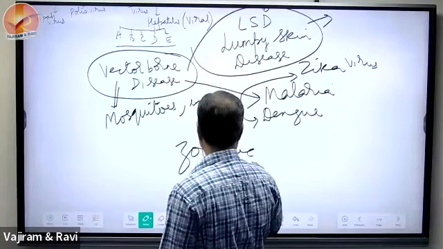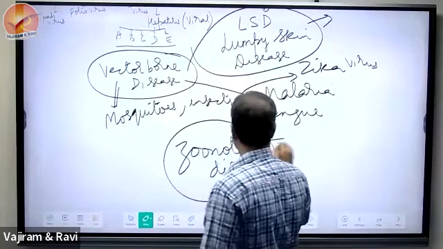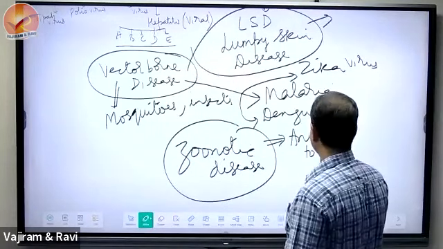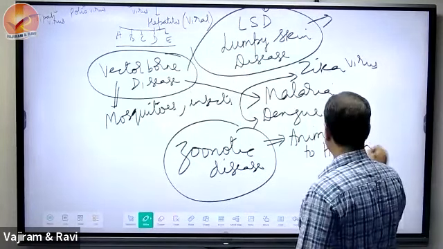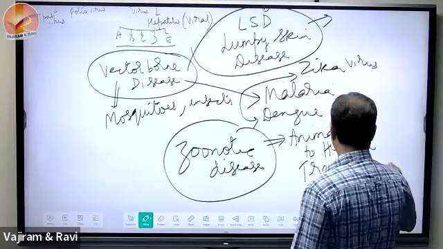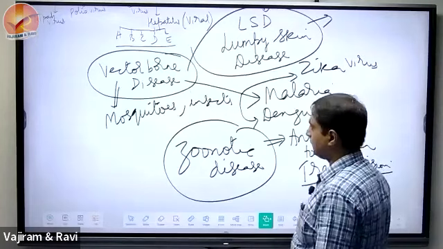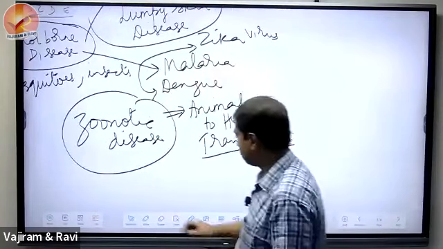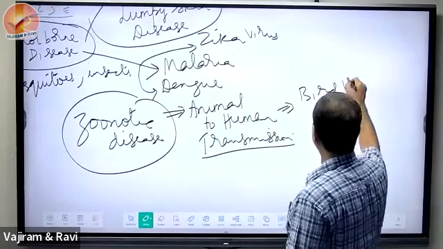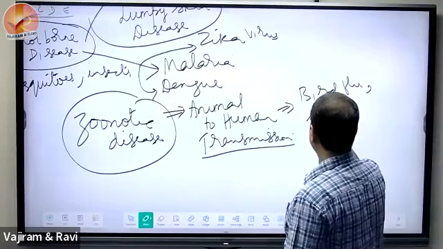But then there is a term known as zoonotic disease, which means animal to human transmission. For example, bird flu, swine flu.